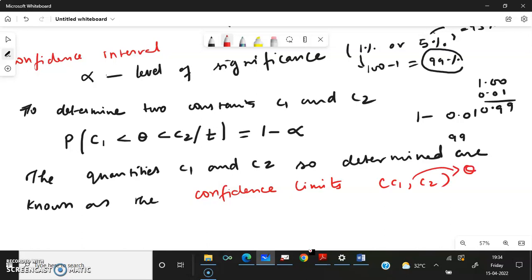These endpoints C1 and C2 are known as confidence limits.